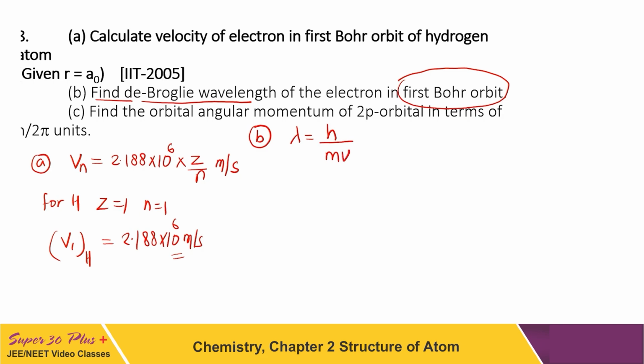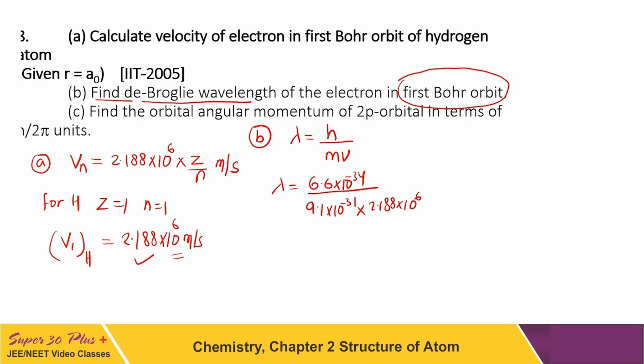So the wavelength will be 6.6 into 10 to the power minus 34, which is the Planck constant, divided by the mass of electron, which is 9.1 into 10 to the power minus 31 kilogram, multiplied by the speed of electron, which we have already calculated, 2.188 into 10 to the power 6. Now we have put all the values in this equation.